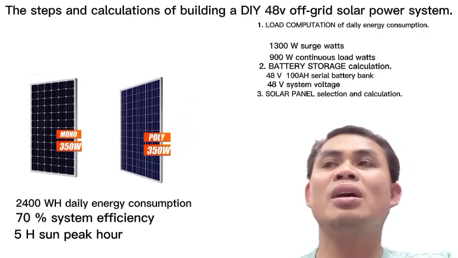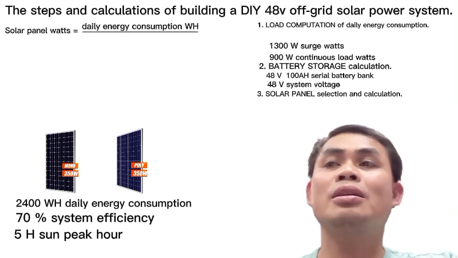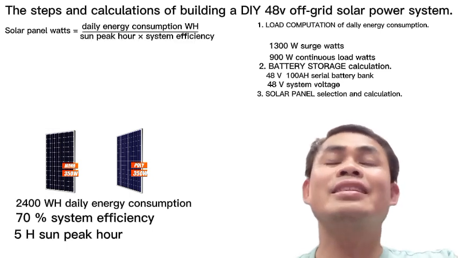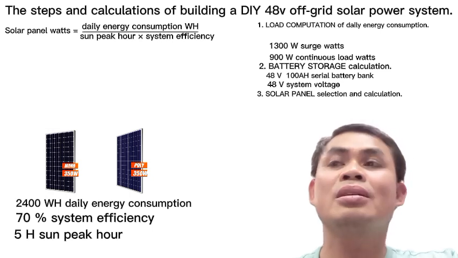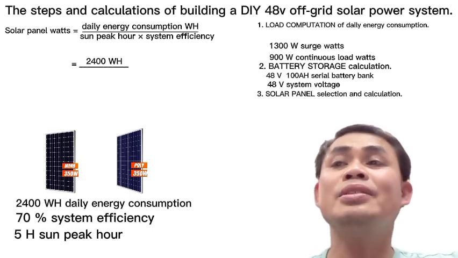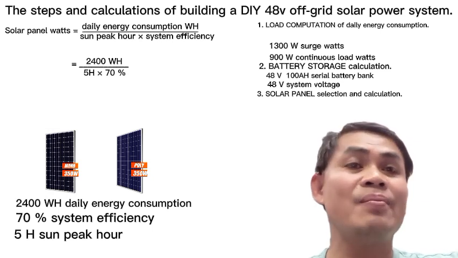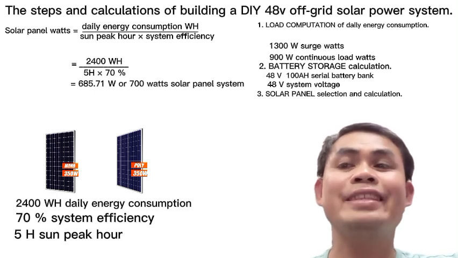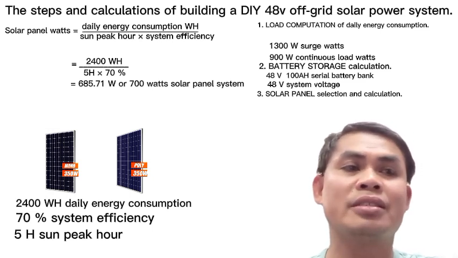So we have now the solar panel watt calculation. Solar panel watts is equal to daily energy consumption, watt-hours, divided by peak sun hours times system efficiency. So we have 2,400 watt-hours daily consumption, 5 peak sun hours times 70% system efficiency, which is equal to 685.71 watts, or rounded off to 700 watts.